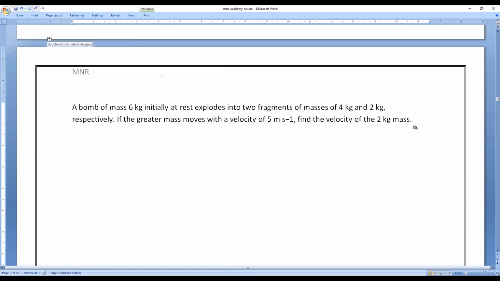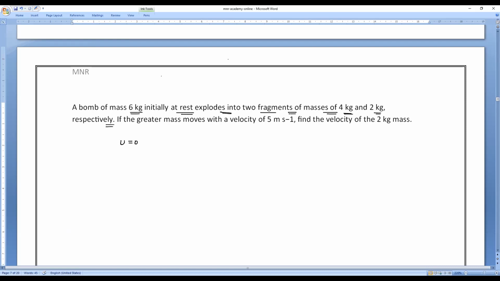Next, a very important question. A bomb of mass 6 kg is initially at rest, which means the initial velocity is what? Zero. Initial velocity is 0. Next, it explodes into two fragments of masses 4 kg and 2 kg respectively.